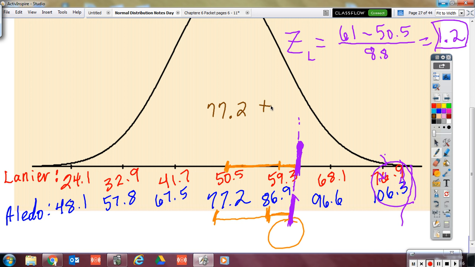I want to add 1.2 of our standard deviations, which were 9.7. So I'm putting her 1.2 standard deviations above the mean here. She was 1.2 standard deviations above at Lanier, and she will be 1.2 standard deviations above here. That puts her at a grade of 89.